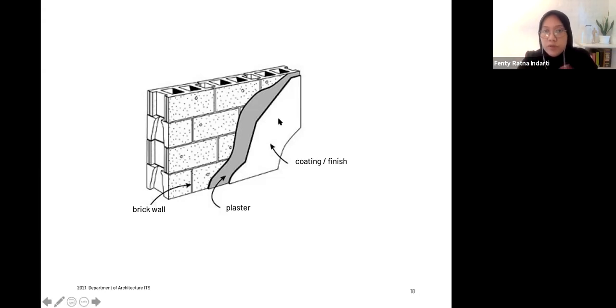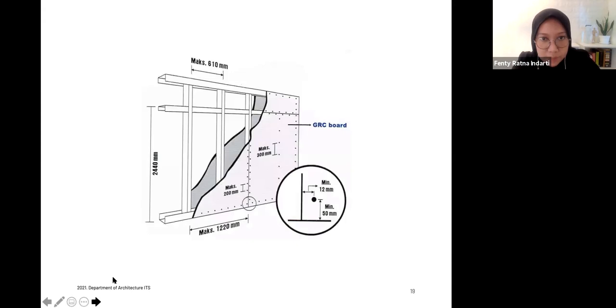If you want it to look very neat, you can cover it with plaster and then put a coating or finish. Or maybe you want it to look rough, so just add plaster and go with it. So plaster and coating or finish are related to the expression of the wall, but it's always there and it will always be drawn in the construction drawings.